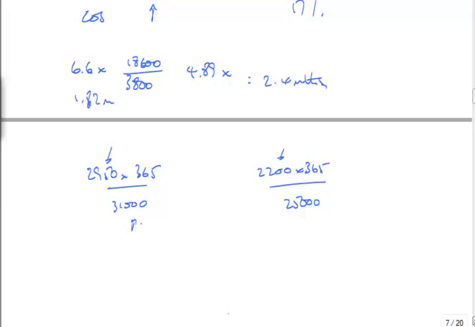But anyway, we are consistent in our calculation, so that times 365 divided by 31,000 is 34.7 days, which is collecting our debtors rather quickly. 365 divided by 25,000, and that's 32 days. So that's not so good, is it? Well, maybe we've increased our revenue because we're offering a longer credit period. Maybe. That's 34 days.